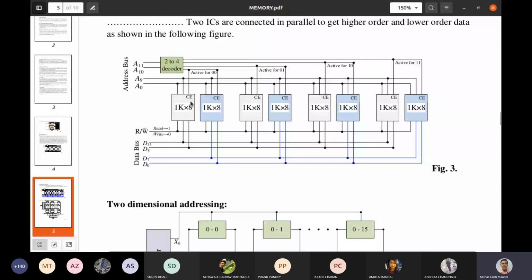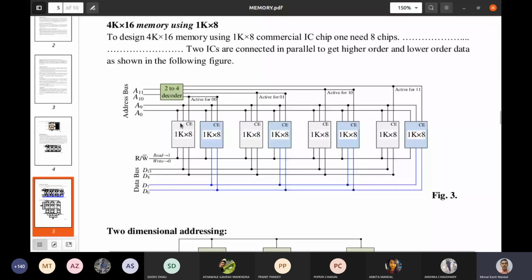So this address line is divided into row address lines and column address lines. It passes through a row decoder and a column decoder. Then the outputs of the row decoder and column decoder are connected to the memory cells. So how is it organized? For this particular IC, we present the internal structure here.